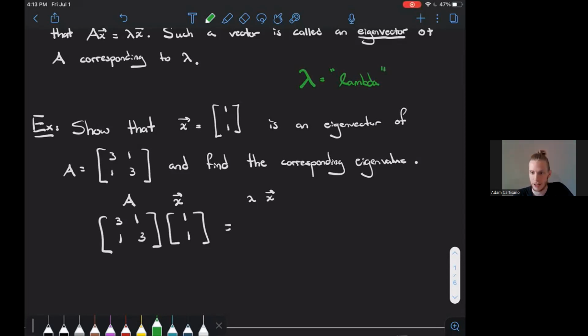It does the same thing in Greek as the letter L in English. The reason for that is because a long time ago, these eigenvalues were called latent values. They were values that stayed after doing some process, which we know as applying a matrix. So anyway, I put a hook on the top. You can do it like this.